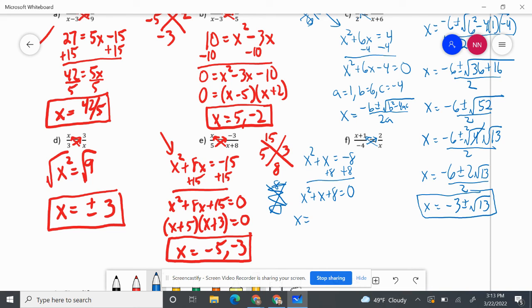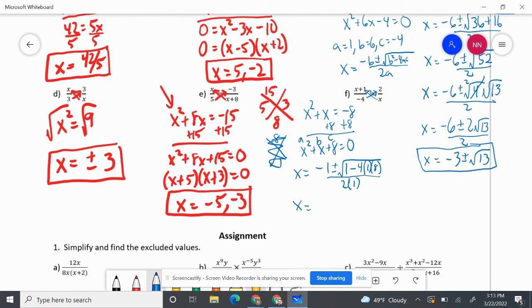So x equals negative 1. That's our a value. Sorry, that's our b value. Plus or minus the square root. We go 1 minus 4 times 1 times 8 all over 2 times 1.